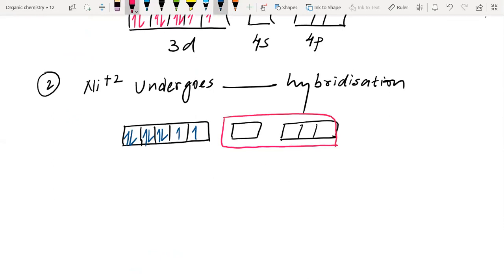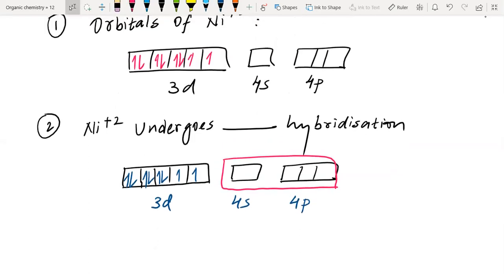The 4 orbitals required are 1 s orbital and 3 p orbitals. So that's why we can write here sp3 hybridization. We can say nickel, Ni +2, undergoes sp3 hybridization.